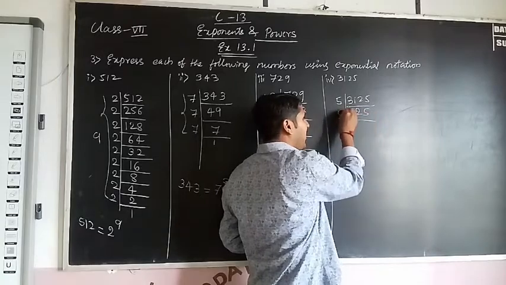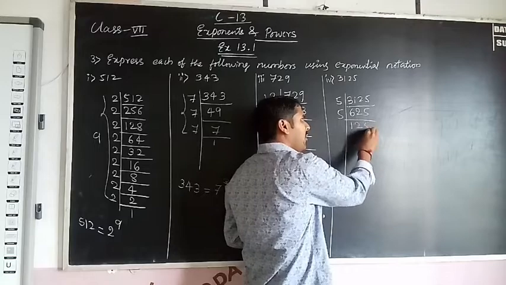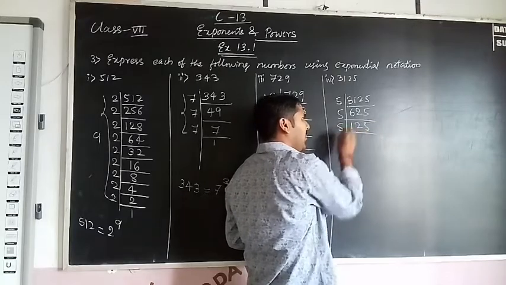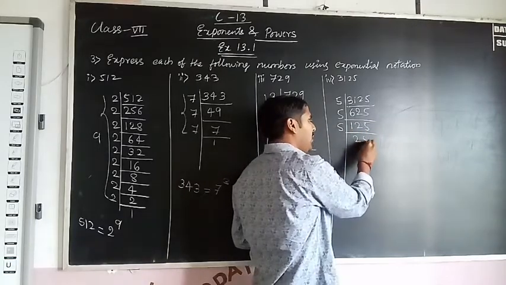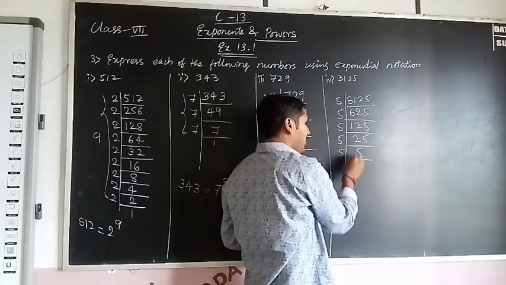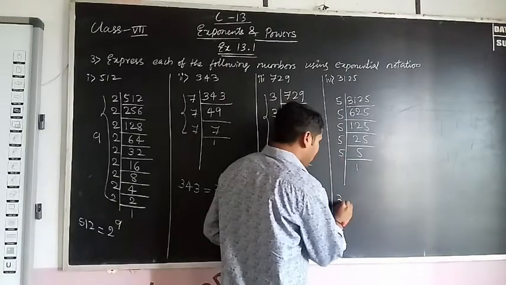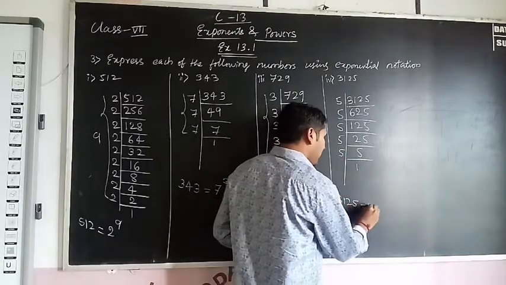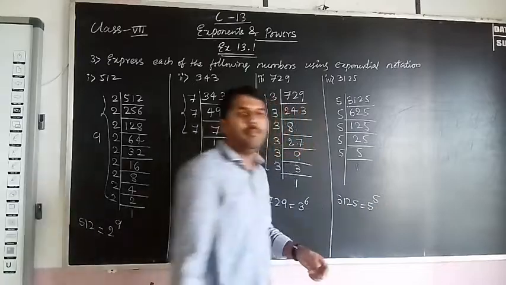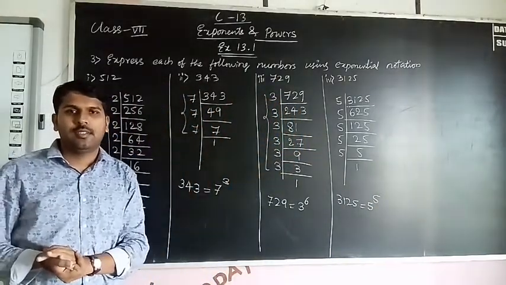Next again take 5 1s are 5, 5 2s are 10, 5 5s are 25. Next again 5 5s are 25. Next 5 1s are 5. So total how many 5s? 5. That means 3125 equals 5 raised to 5. Okay, this is the way of solving this type of problems.